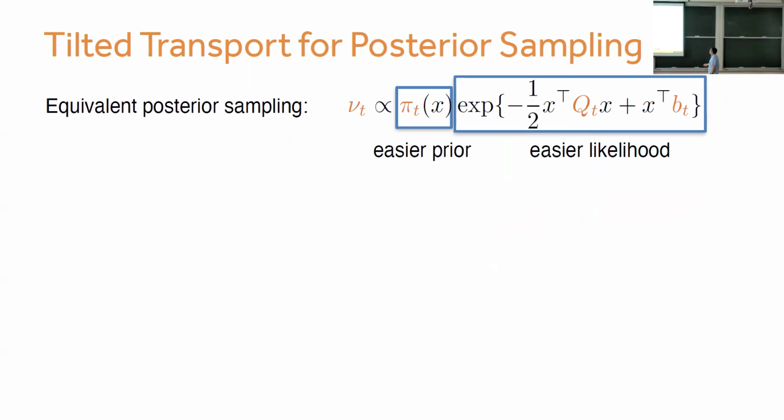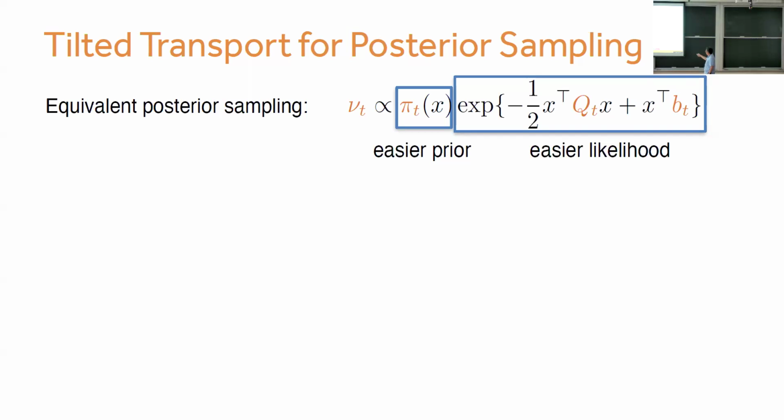Why? Because this new sampling task mu t, you can interpret as a new posterior target. Its prior is pi t. Remember, the original pi 0 can be very complicated, multimodal, non-log concave, but under the OU process, pi t will get closer to the standard Gaussian. So pi t will become less multimodal. That means pi t is the easier prior.